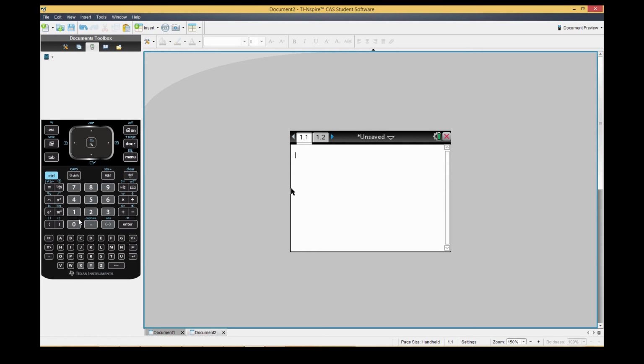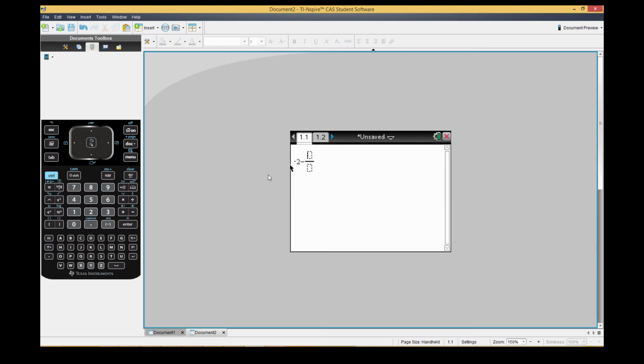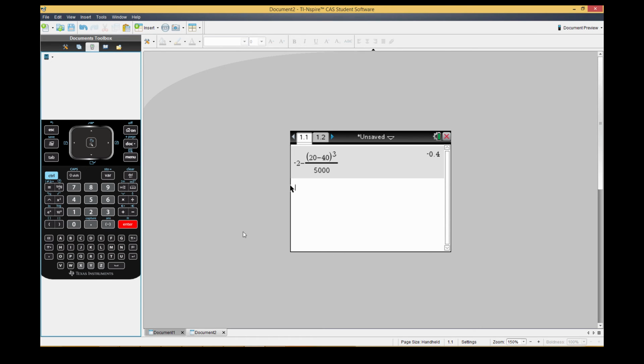So at x equals 20 it will be minus 2 minus, x equals 20, minus 40, cubed, and it's 500 into negative 0.4.